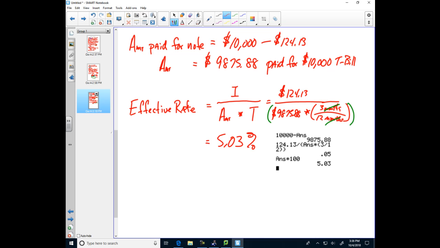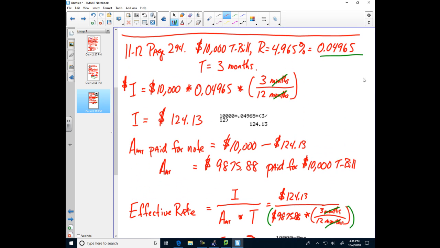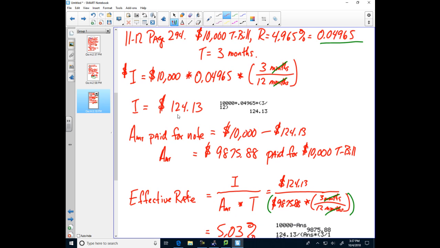This just shows that sometimes there's a difference between what you think the interest is and what it really is. In this case, they stated this a little differently. They told us what the rate was. Now this had to be based on what somebody actually paid for the bill, or the T-note. I keep calling it a bill, but it is a form. So that's what it looked like the rate was, and we used that to calculate the interest.